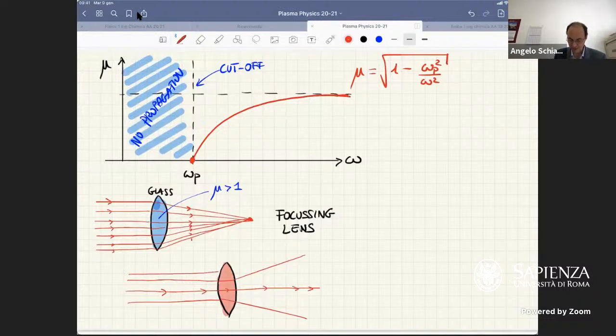So it's refracting rays away from the center. Okay. So this is the plasma case.